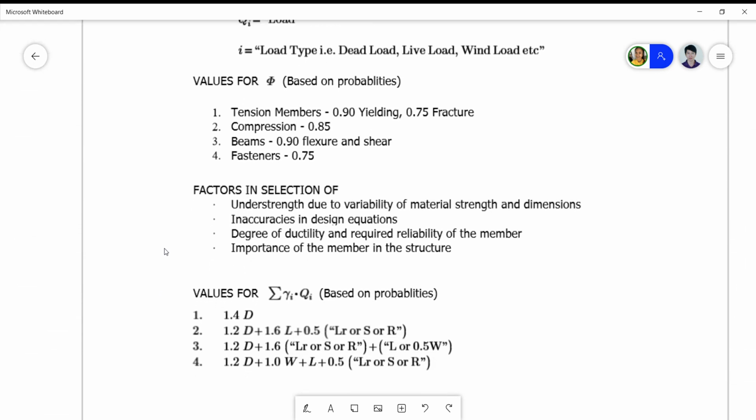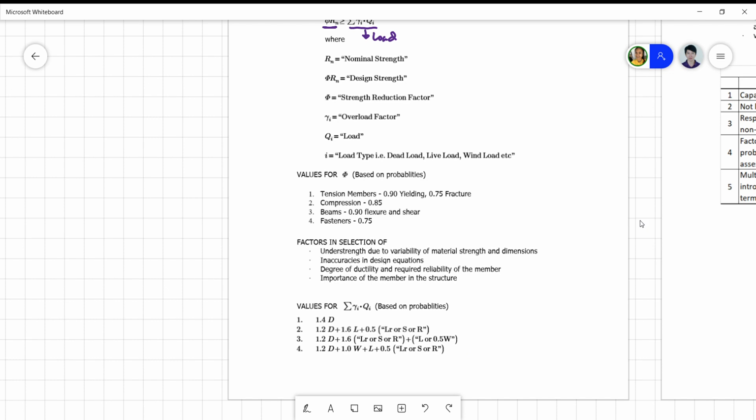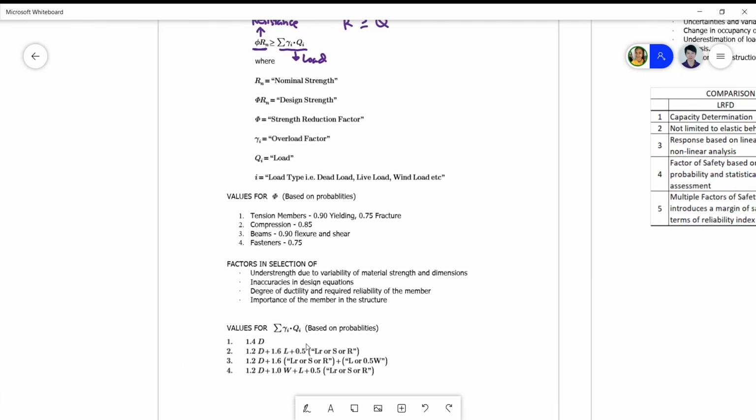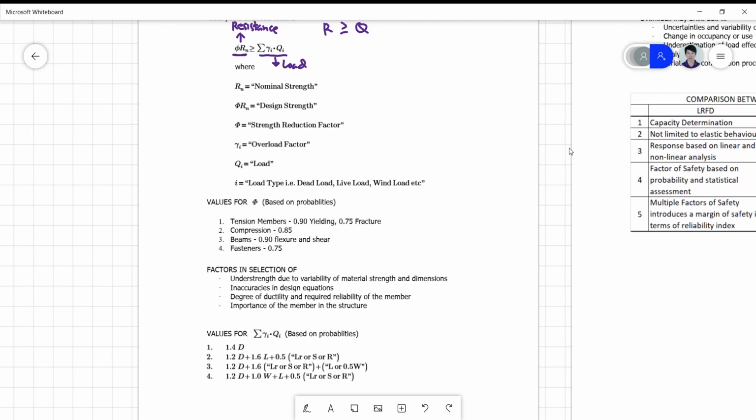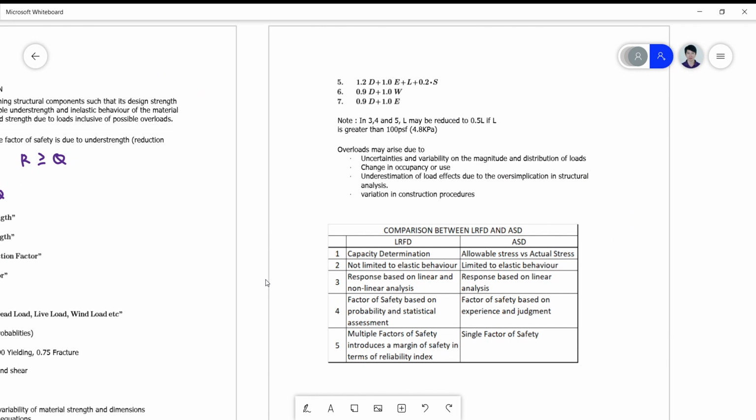For the values of summation gamma i Qi, these are also based on probabilities. We have this as part of your American code and adopted by the NSCP. Okay, so we will be using some of this, but not all, when we go to some computations. These are all available in the code, so we have no worries about the use of them, because you don't need to memorize them, because I will let you look into your notes and references when you need them.